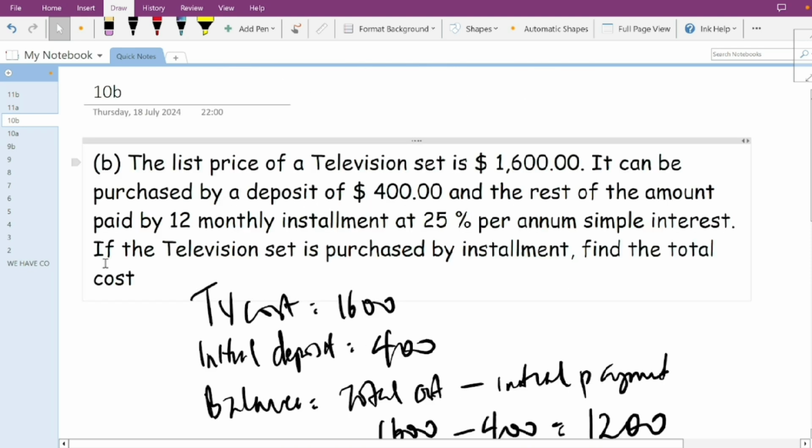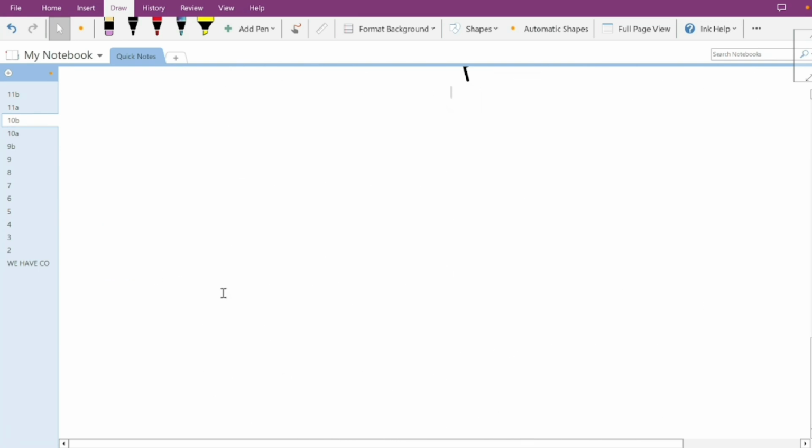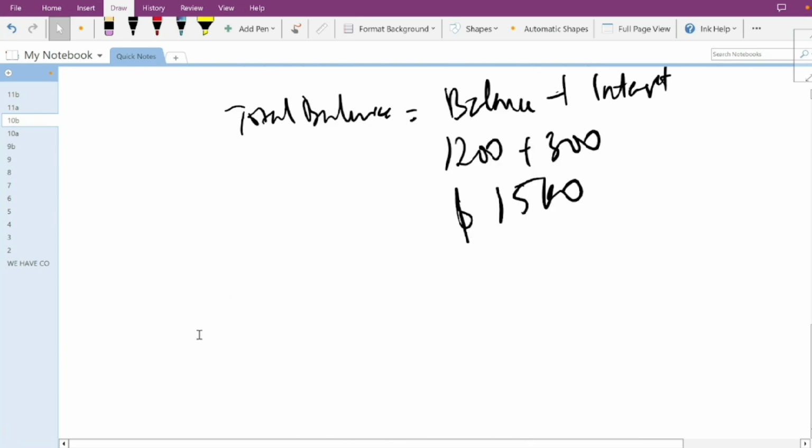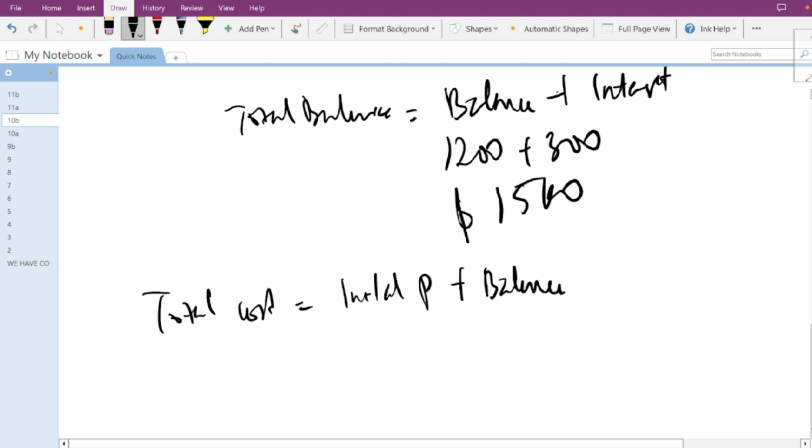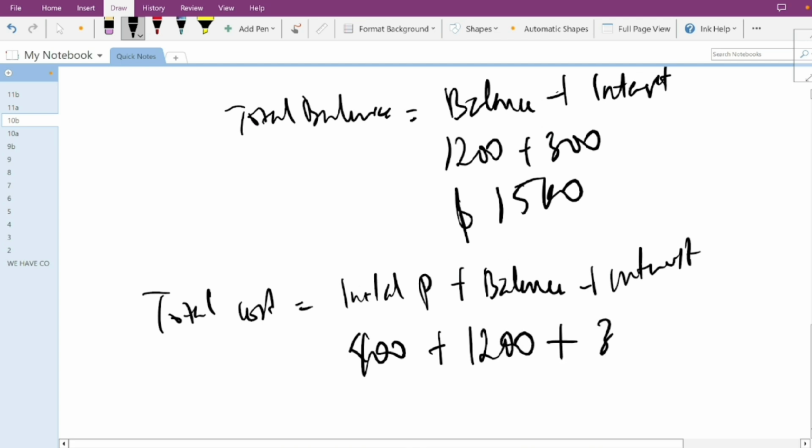The last part of the question says if the television set is purchased by installment, find the total cost. Now the total cost is equal to the initial payment he made, that's 400, plus the balance he is meant to pay, that's 1,200, plus the interest, which is 300.